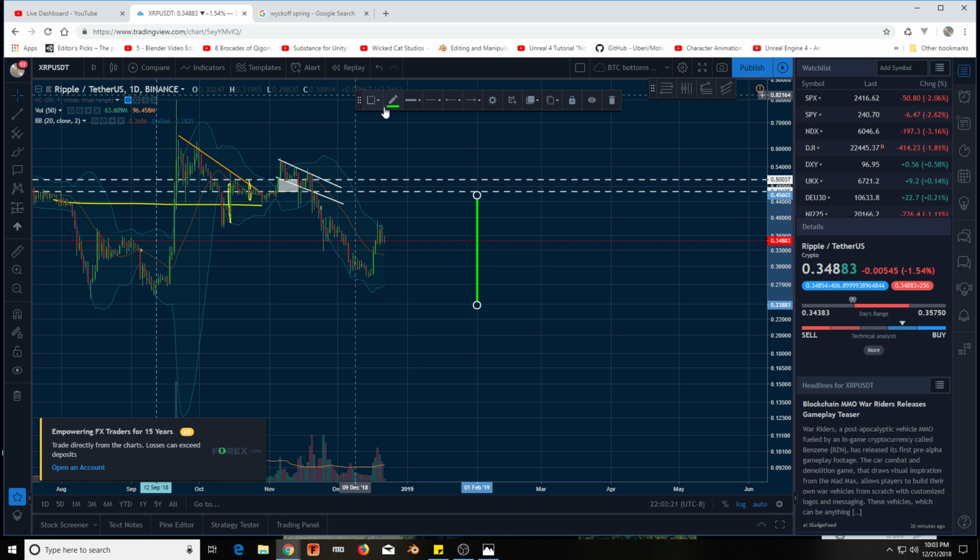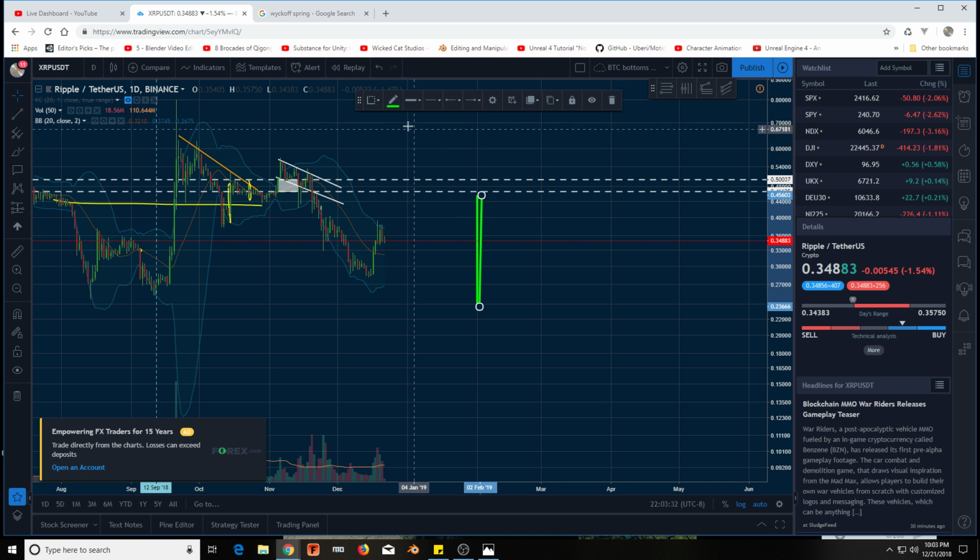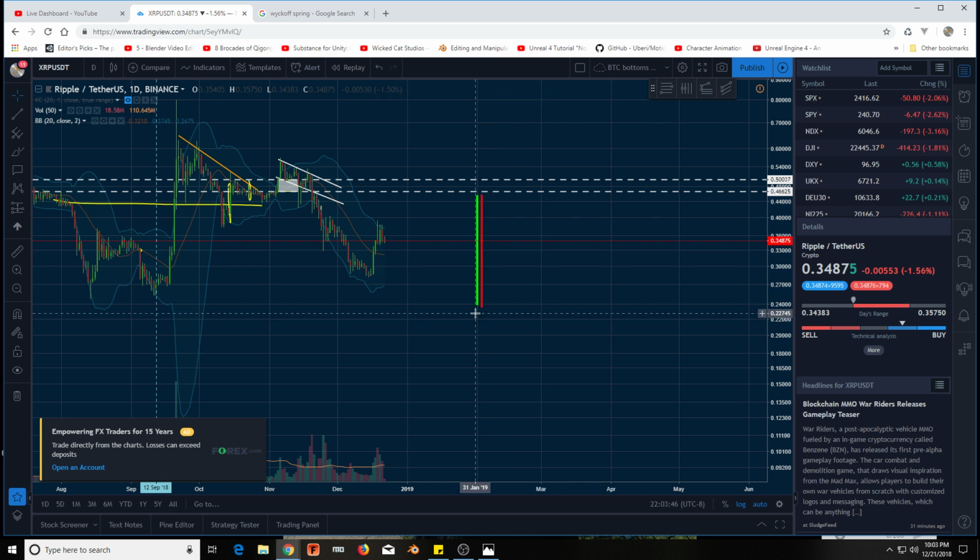And then right next to it, we are going to see a great big old red wick. This is going to go so dang fast.